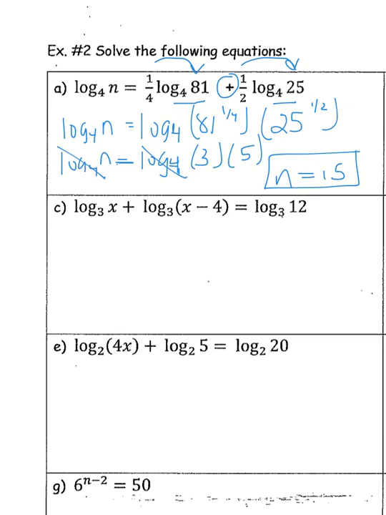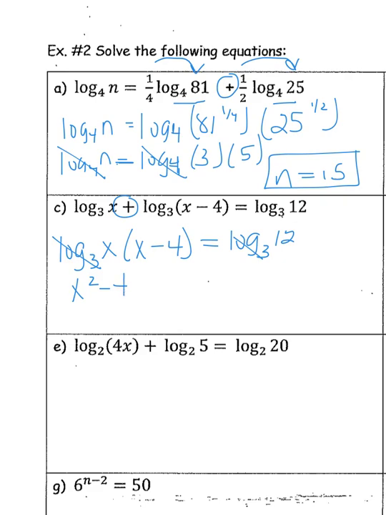Moving down to letter C, you notice there are no powers, but we do have a plus sign. So plus means to multiply. If I condense the left-hand side of the equation, I'm going to take x times x minus 4. So we're going to get a quadratic, and I get log base 3 of 12. Well, if I drop my logs, I'm going to get x squared minus 4x equals 12, but it's a quadratic, so I want to move my 12 over.